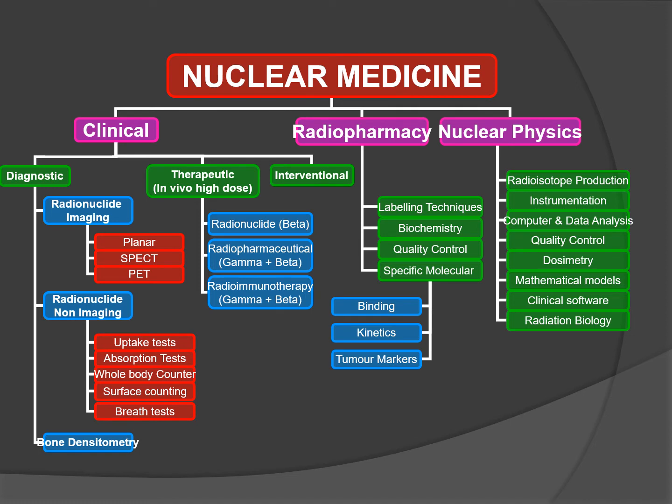And nuclear physics is important to make sure that there is no contamination or any radioactive spill in the department, and that if the patient vomits or urinates, they take care of the radiation exposure in the department itself.